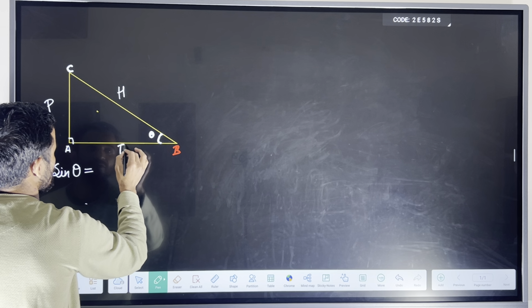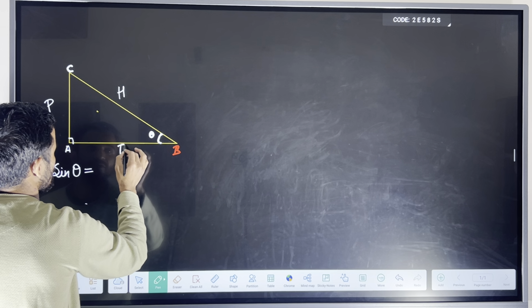Second one, cos theta, that was base upon hypotenuse. Third one, tan theta, that is perpendicular upon base.